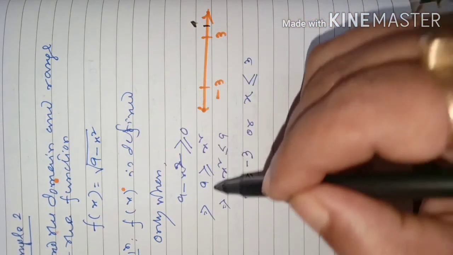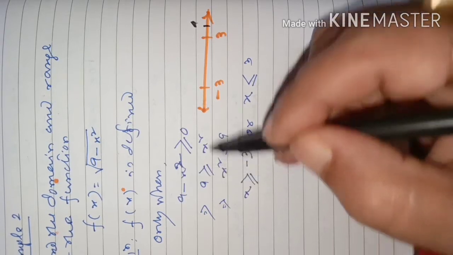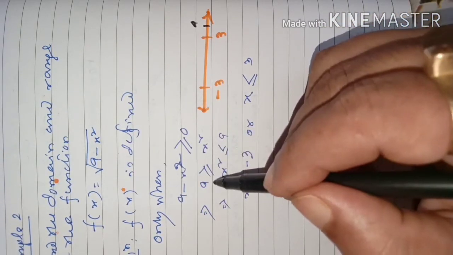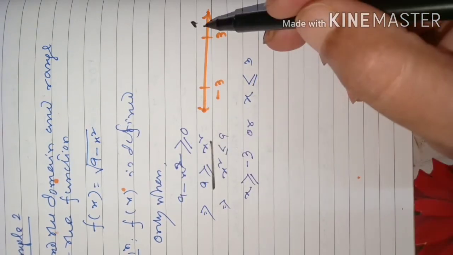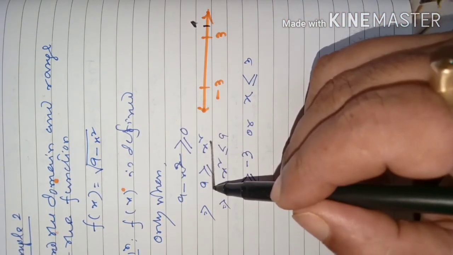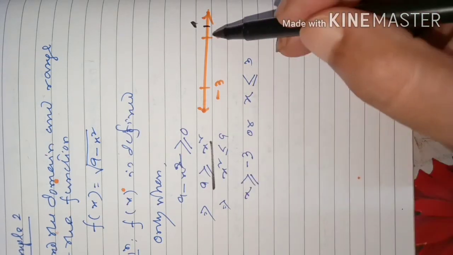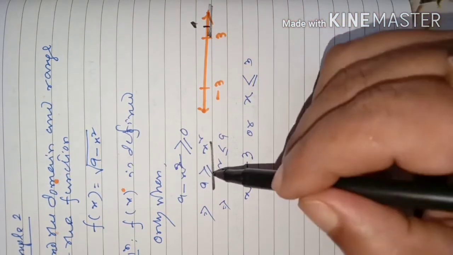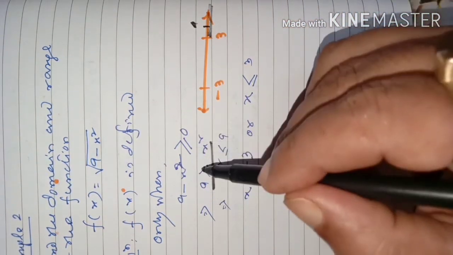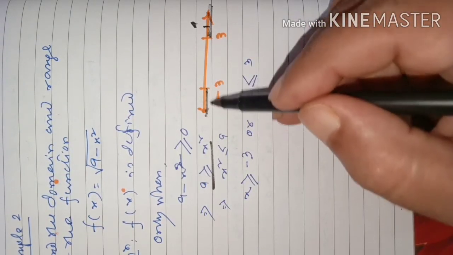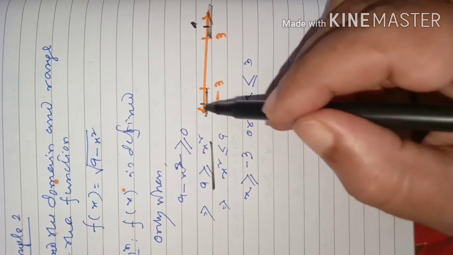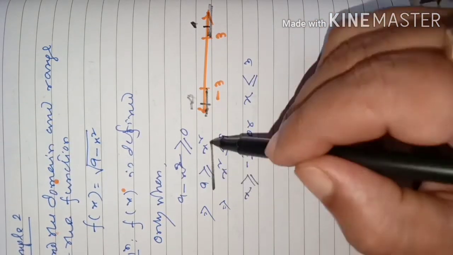4 is greater than 3, and 4 square is 16. It will not be less than 9. But our condition is that 9 should be greater than or equal to x square. So values on this side cannot support this condition, and values less than minus 3 also cannot. Suppose you take minus 4, that also will not support this condition.